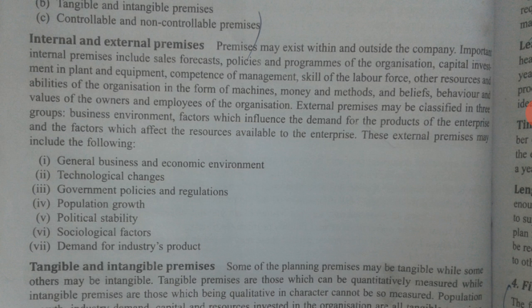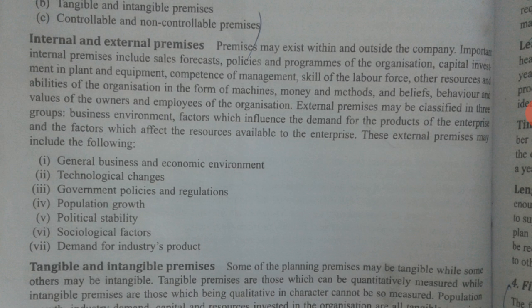Now the external premises are like general business and economic environment, technological changes, government policies and regulation, population growth, political stability, sociological factors, and demand for industry product. These are not in the control of the firm or organization, or of the top level or middle level managers.